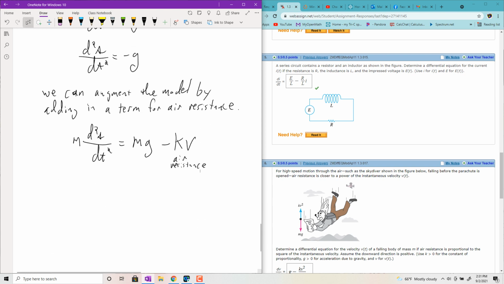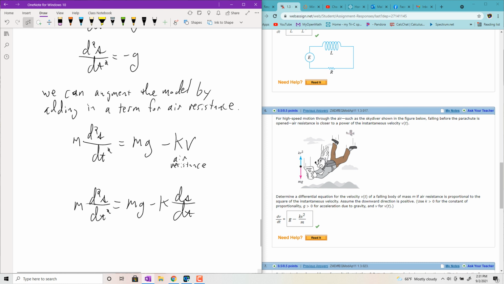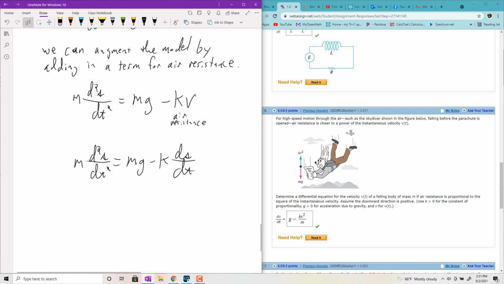And then if you want to, you can write it all in terms of s by replacing the velocity with the first derivative of the position function. Okay, so they're putting everything in terms of v in their problem.